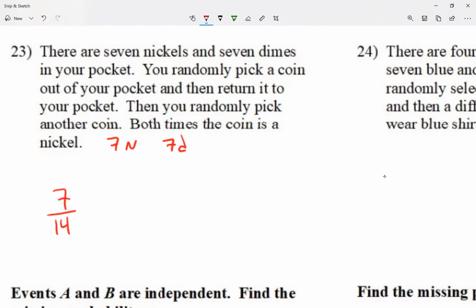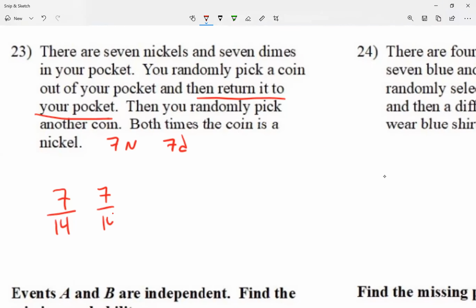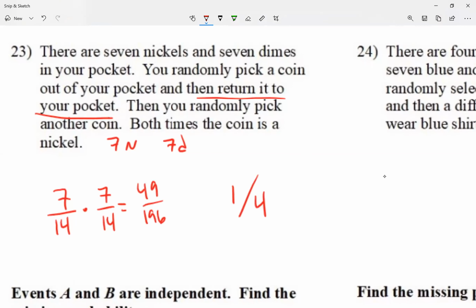But then I return it to your pocket. So the second time, there's 7 nickels, 7 dimes again, because I return my initial coin. The chance of me getting a nickel again is 7 out of 14. Multiply this out, I get 49 over 196. When I simplify this, it should simplify to 1 over 4.